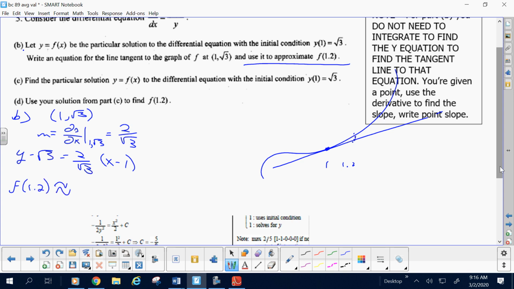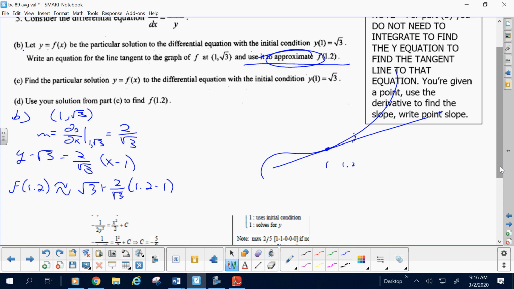First of all, it's an approximation, so that's key: you say this is approximately equal to. Second, how do I get the approximation? Plug in 1.2. So this would be root 3 plus 2 over root 3 times (1.2 minus 1). There's your estimate. You follow?